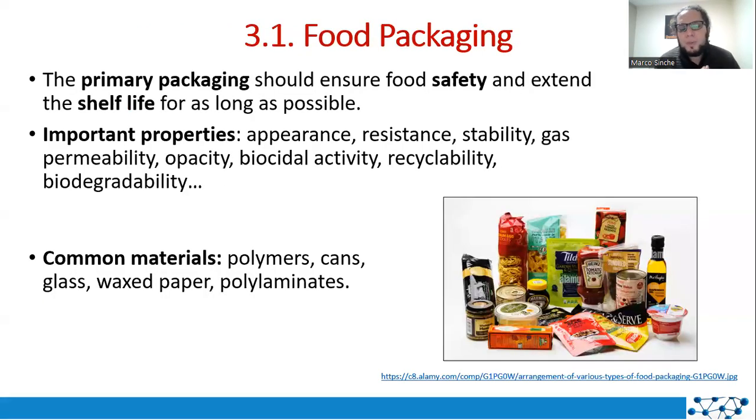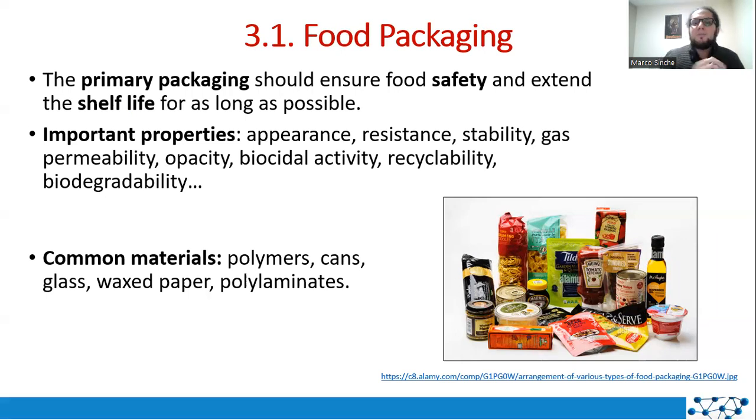So, food packaging might be the most developed area of the applications of functional materials in the food industry because it has been used for a long period. In most cases, the materials are primary packaging because they are in direct contact with the food products. In these cases, they will need to ensure two things. First, the food safety.